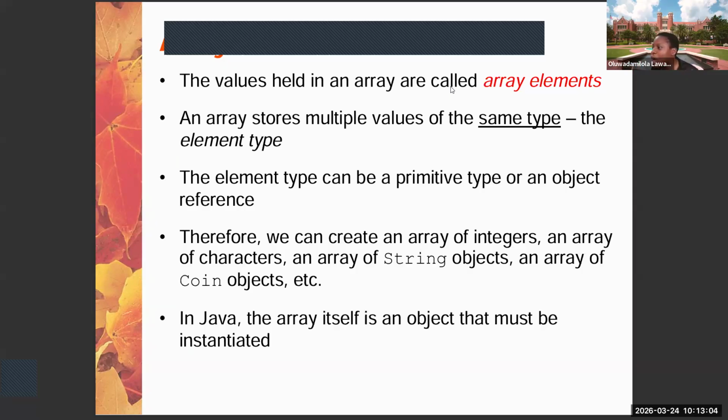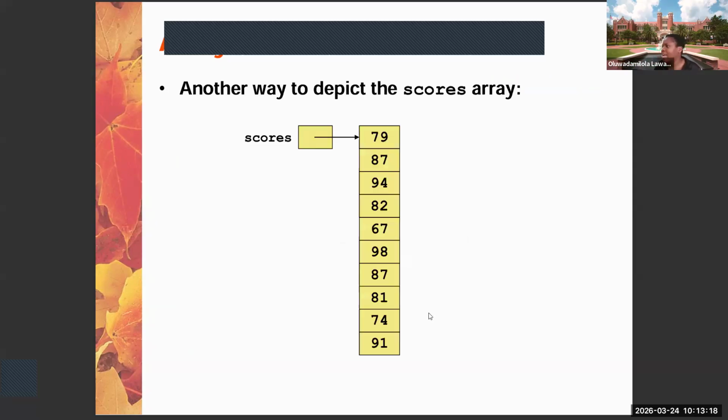However, we can also use an object reference when we're talking about a string data type, which is not a primitive data type. The array itself is an object. We already talked about that. And this is just talking about the different positions that we have in this list of arrays.